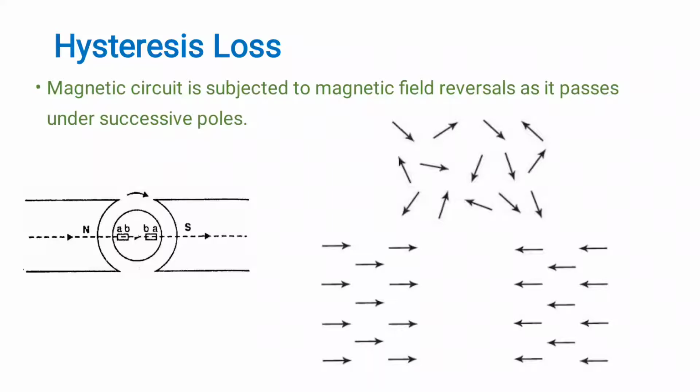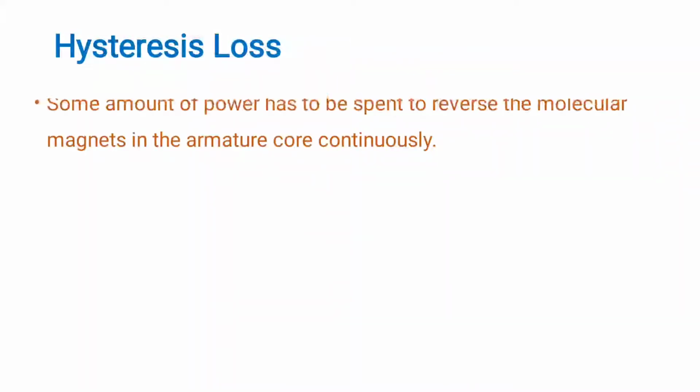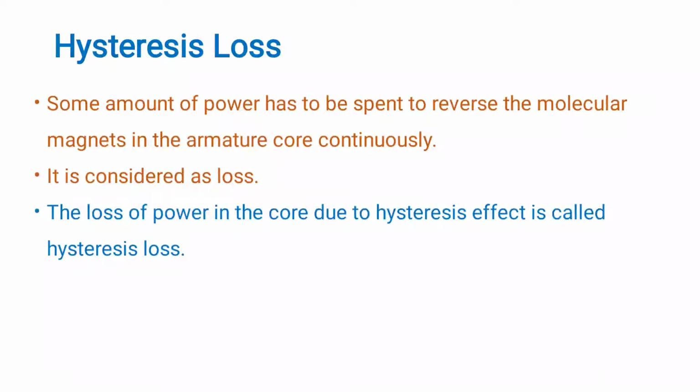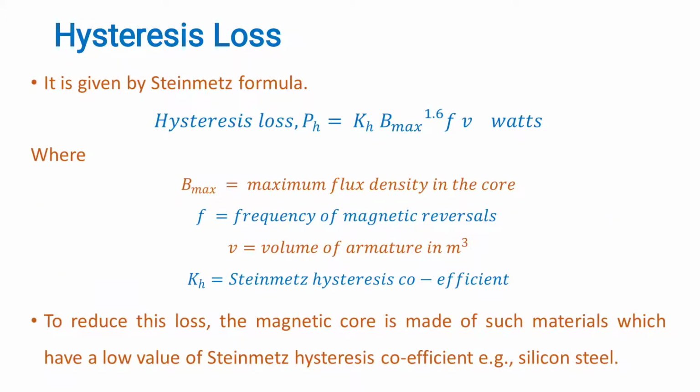That is your hysteresis loss. Some power has to be spent to reverse the molecular magnets in the armature core continuously, and this is considered a loss of power in the core due to the hysteresis effect. That is, changing the direction of the magnetic field.